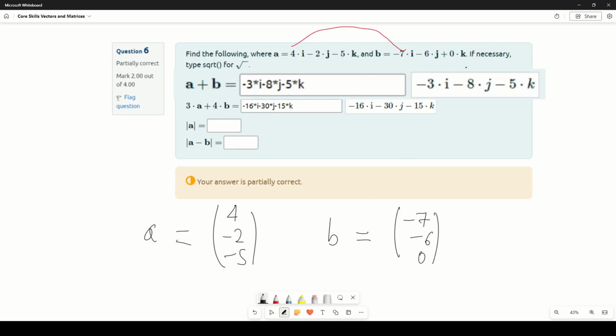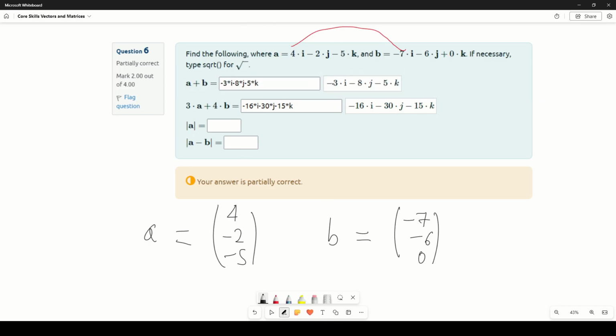You just assume it exists. So to add them, we do -5 plus 0. This gives us -5. And that is our vector. You just write them out with the i, j, and k terms. So you add them, and whatever the result is, you make a new vector out of it. Making a new vector means you are writing them with i, j, and k.